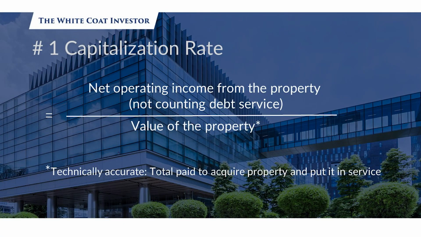All right, our first calculation we're going to talk about today is the capitalization rate or the cap rate. And if you've heard a cap 6 property or the cap rate is 6 or 8, then this is what we're talking about. In this calculation, the numerator is the net income from the property, aka the net operating income.